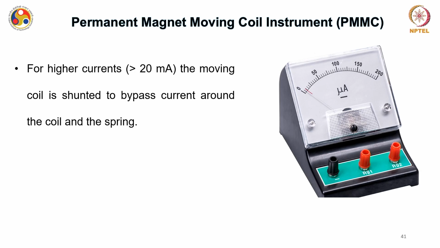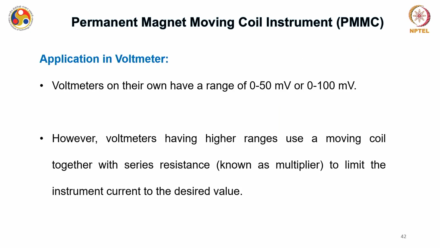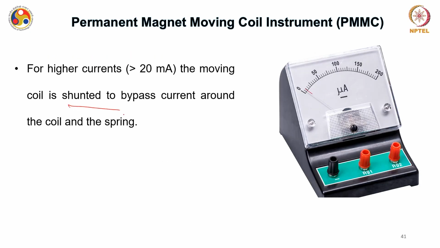For higher current, greater than 20 milliamp, the moving coil is shunted to bypass current around the coil and the spring, to safeguard the spring itself. We have to see how it can be shunted to increase its range.